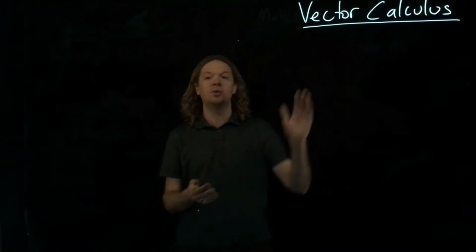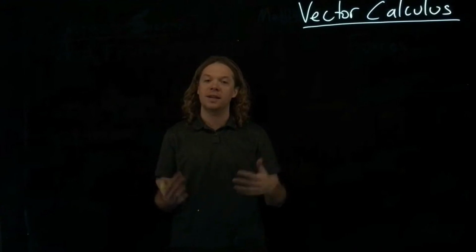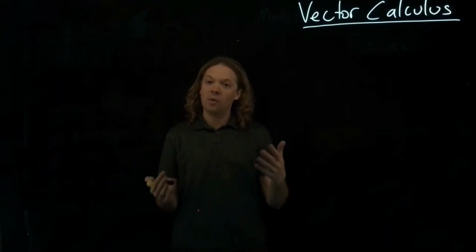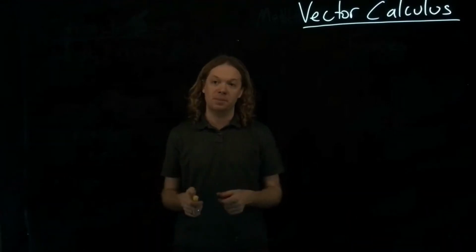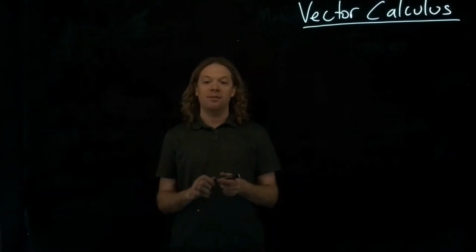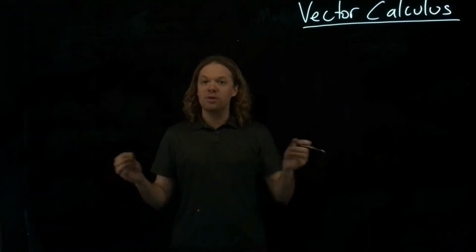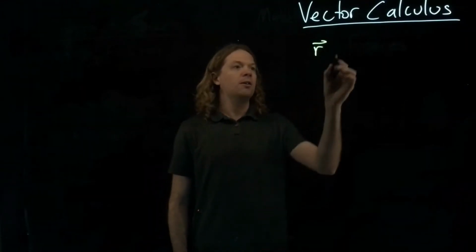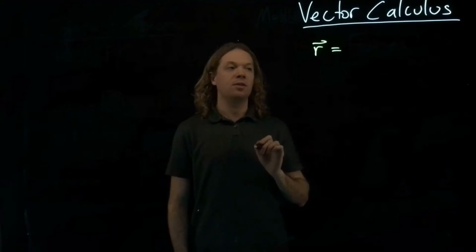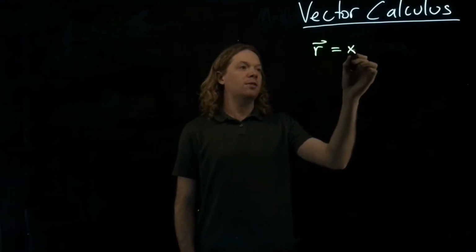So the combination of these two words might seem kind of scary, but actually there's not a lot here that we need to know. We just need to be familiar with notation and be able to do a few simple manipulations. So I'm going to start by writing a vector, probably the vector you are most familiar with, and that is the position vector. So I'm going to write it as r, and then I'm going to write it in unit vector notation. So that's x x hat.